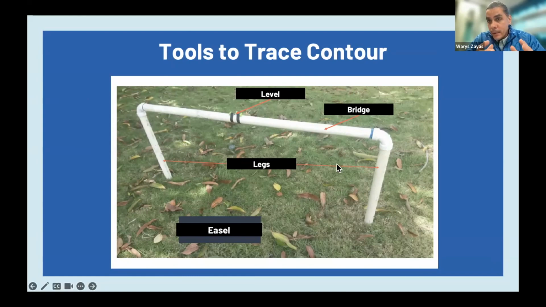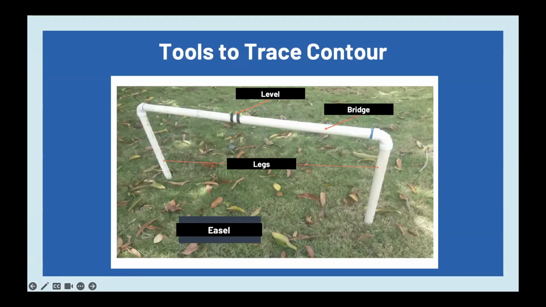So my tools I always build with 3 legs, right? Two at the same level and one shorter to give that level of slope in the fields. And I use screws because they are much easier to change.